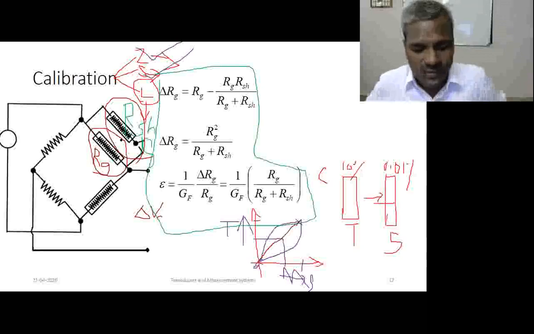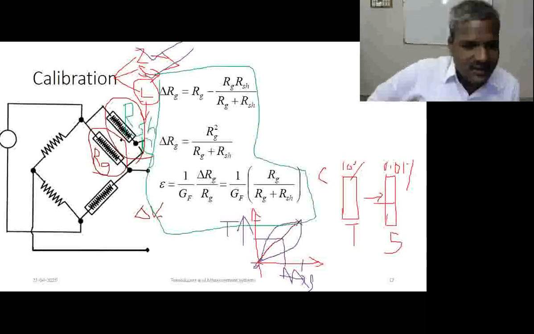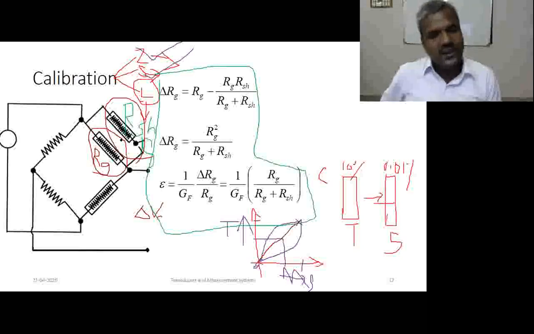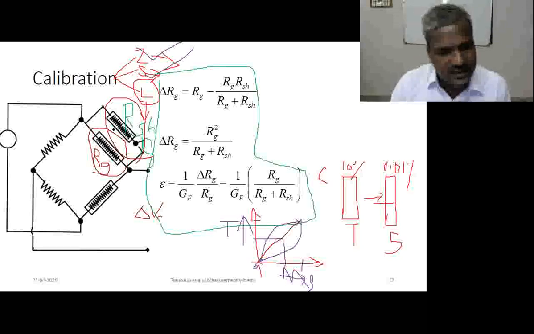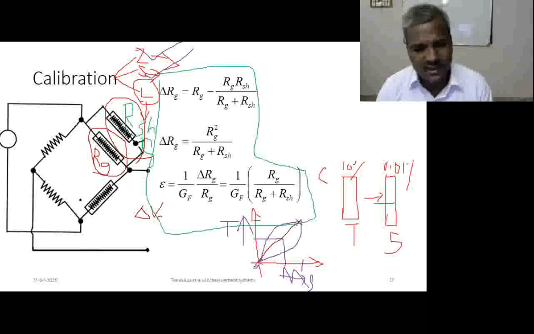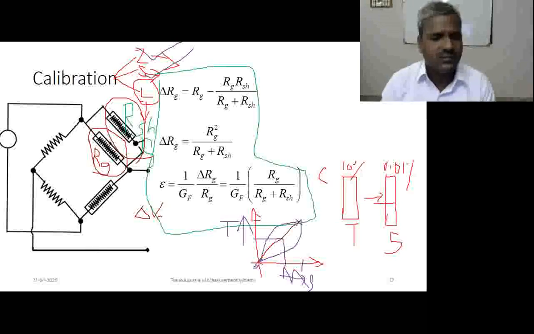If you want to calibrate the setup, you can design a shunt resistor and place it here. Then you will get a standard value. Assume these are all normal fixed resistances whose value is equal to the nominal resistance value of the strain gauge here.